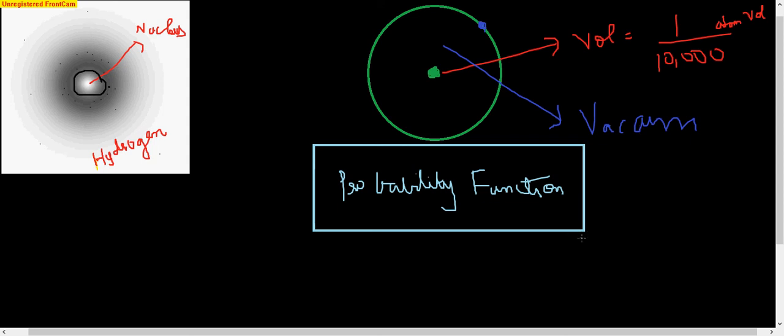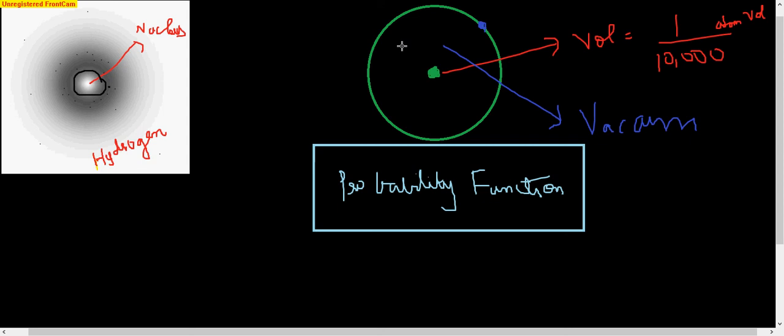Okay, so we talked about isotopes and the problems that isotopes posed. I'll just tell one more thing about the structure or the position of the electron.